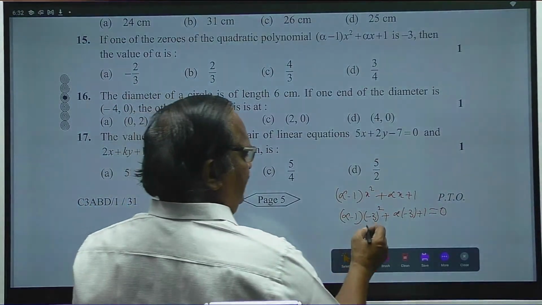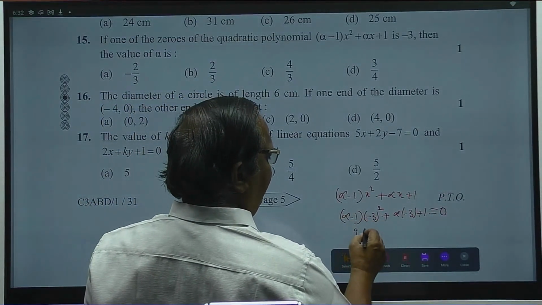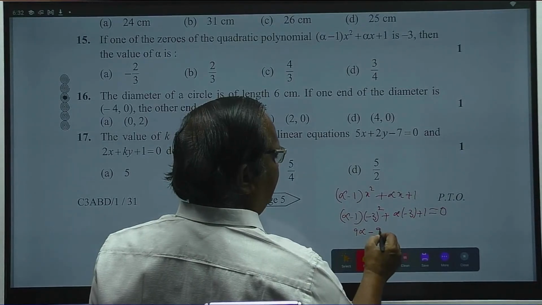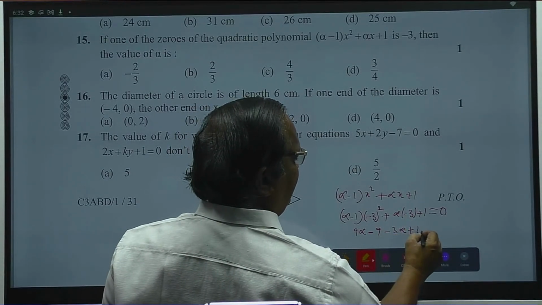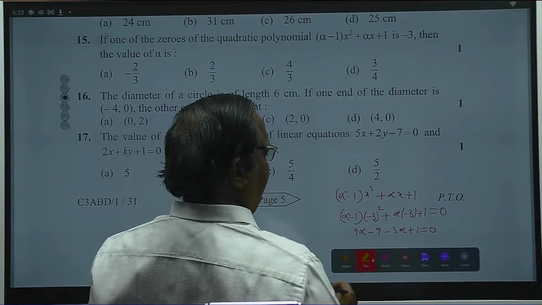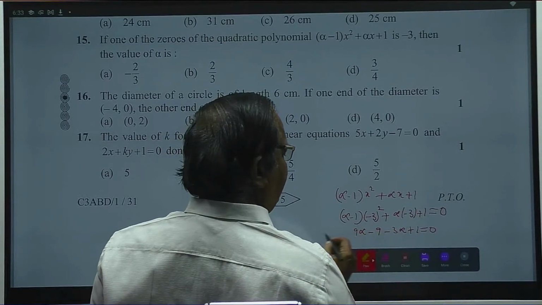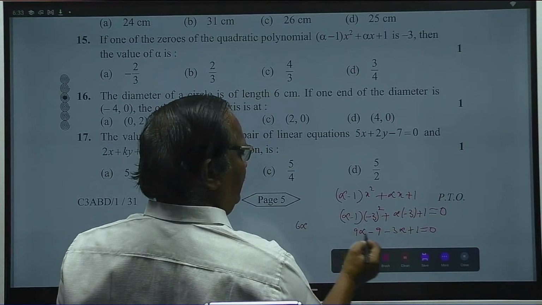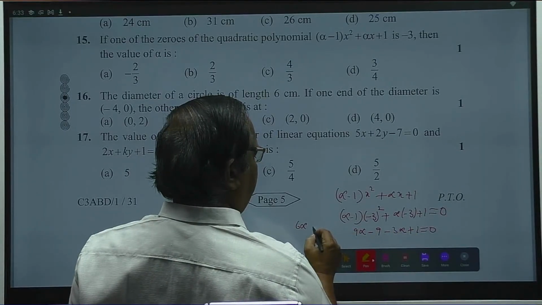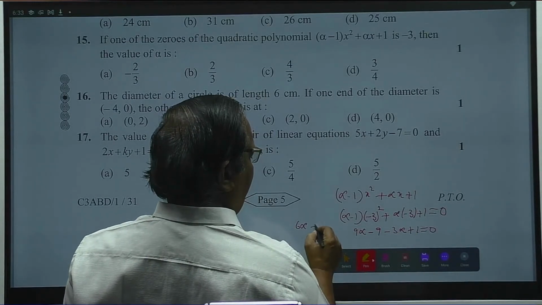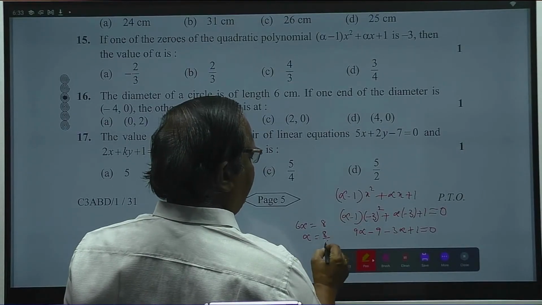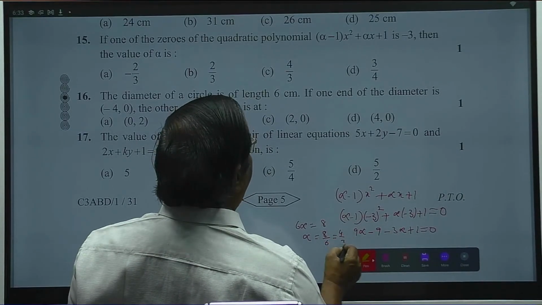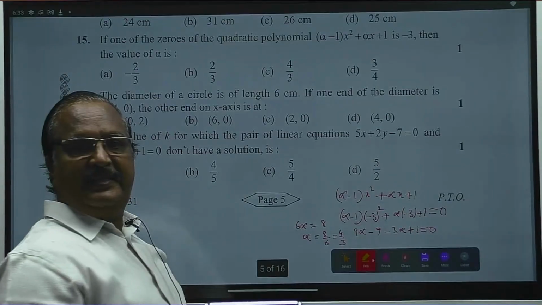So 9 into alpha, 9 alpha, 9 into minus 1, minus 9, alpha into minus 3, minus 3 alpha, plus 1 is equal to 0. Okay. 9 alpha minus 3 alpha, 6 alpha, minus 9 plus 1, minus 8. So it goes to the other side and becomes 8. Alpha is equal to 8 by 6, so 4 by 3. 4 by 3 is the answer.